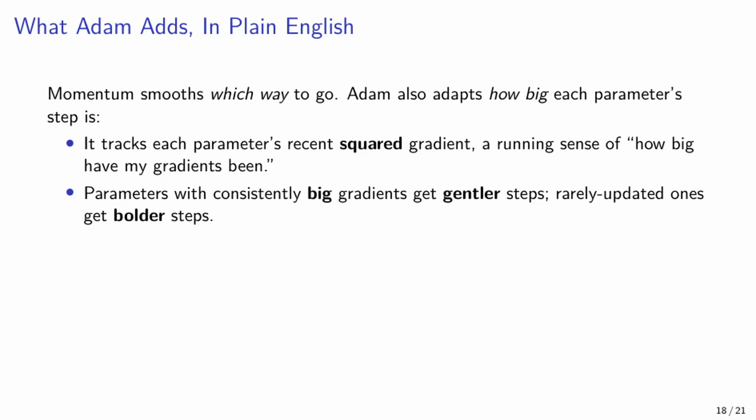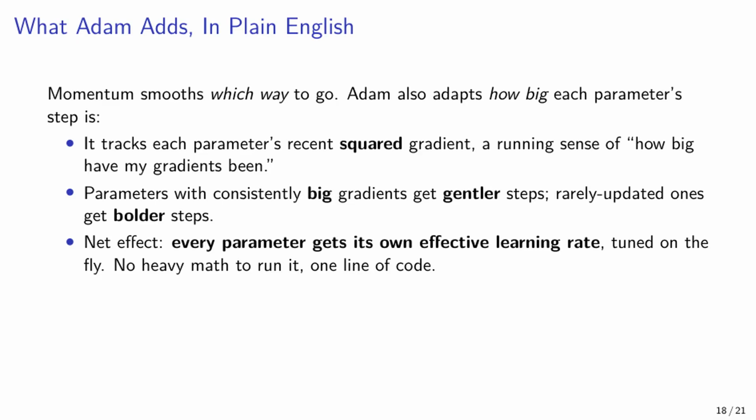Second, it uses that to scale the steps. Parameters with consistently big gradients get gentler steps. Rarely updated ones get bolder steps. The net effect is that every parameter gets its own effective learning rate tuned on the fly. And there is no heavy math to run it, just one line of code.